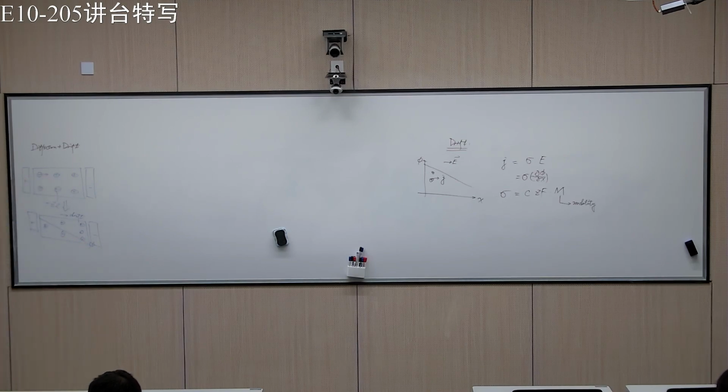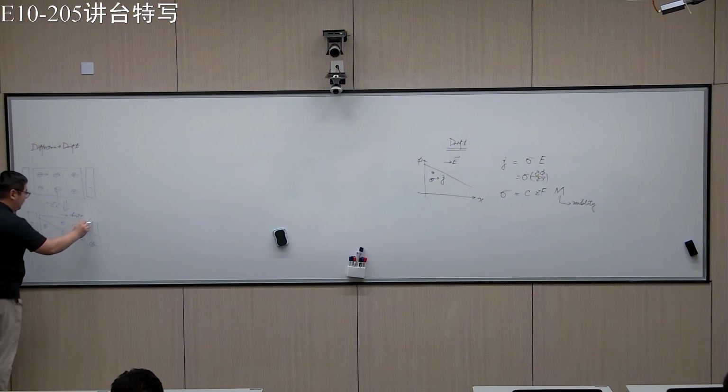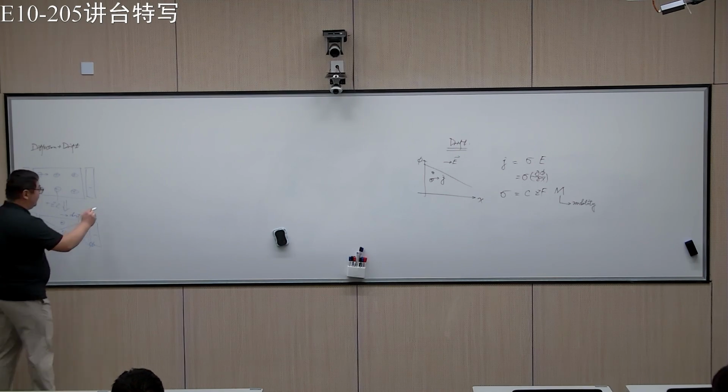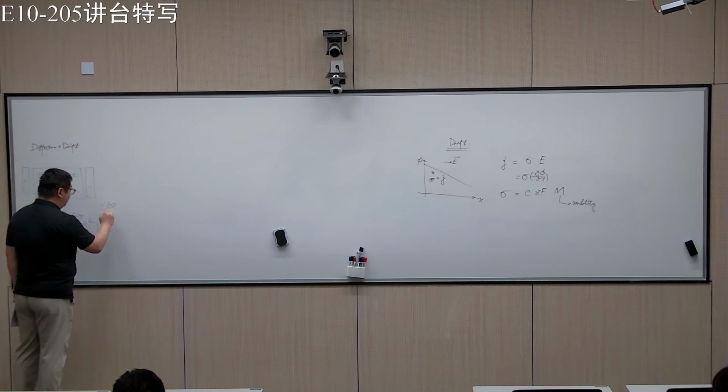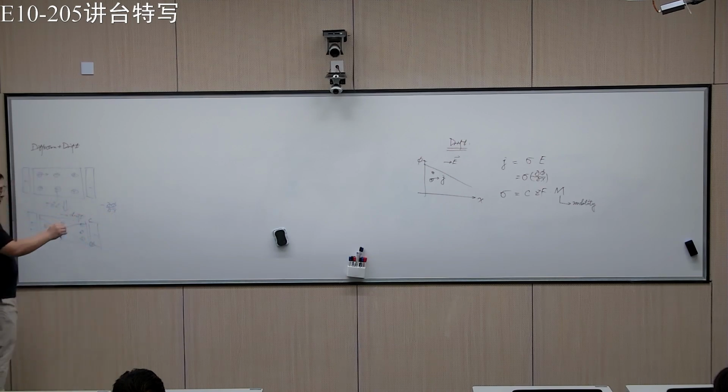However, for diffusion, because there are more particles, more ions here than here, of course there will be a driving force for diffusion. So if I imagine the driving force for drift, that's going that way.